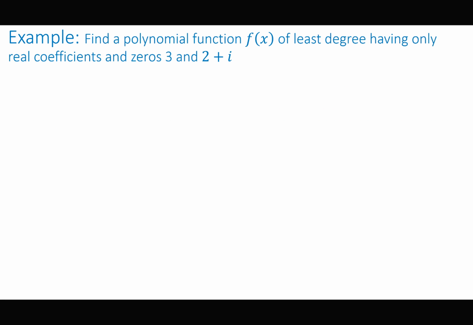Okay. All right, so here we go. Mason, you ready? Find a polynomial function f of x of least degree. So they're not telling me what my final degree is going to be. Well, that's no problem. I'll be able to figure that out. Having only real coefficients and zeros at 3 and 2 plus i.